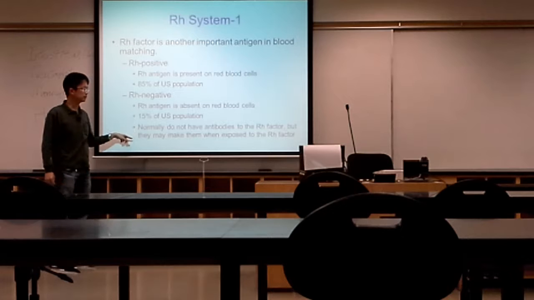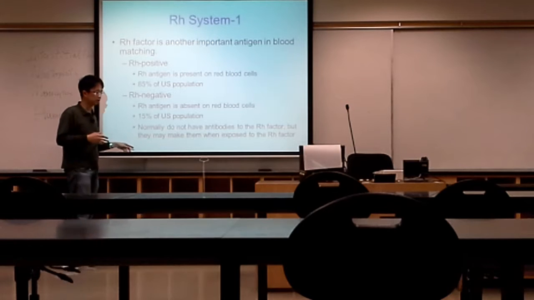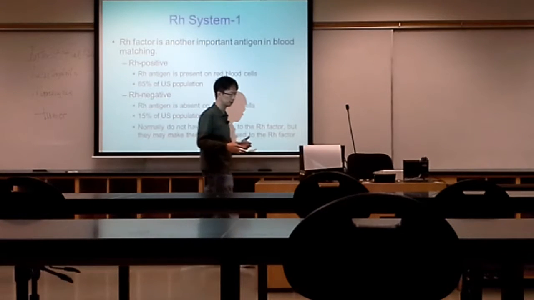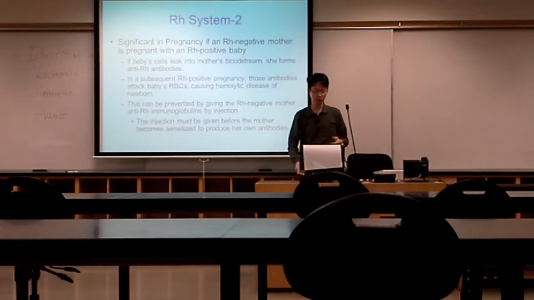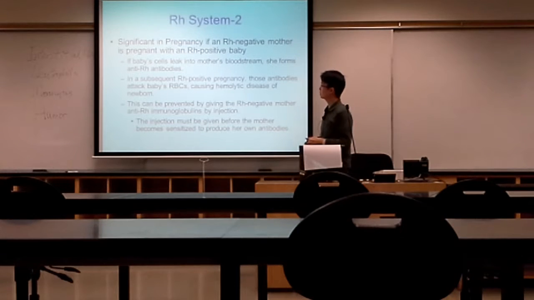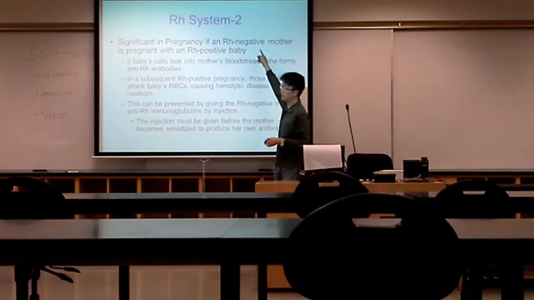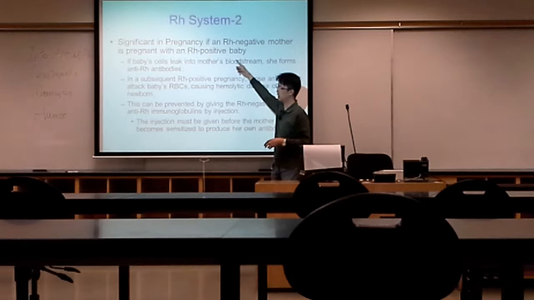So what would be the issue? Normally we do not have antibody against the Rh factor, but it is during pregnancy that it causes the issue. The issue is when the mother is Rh negative, but the baby is Rh positive.